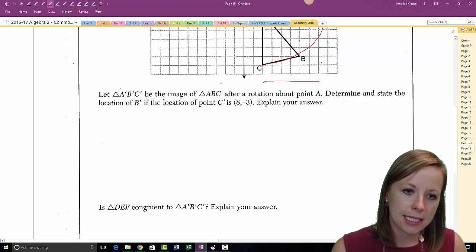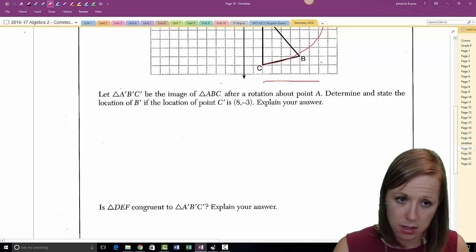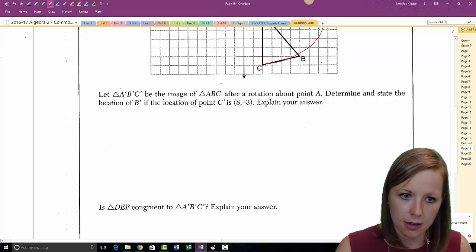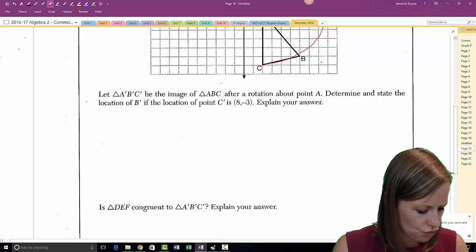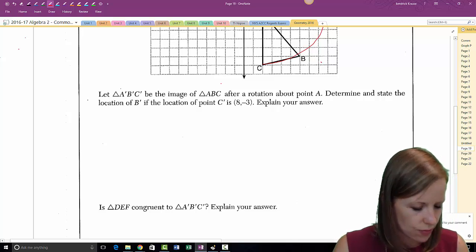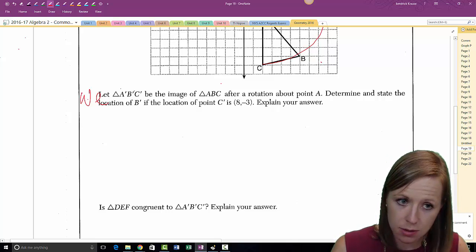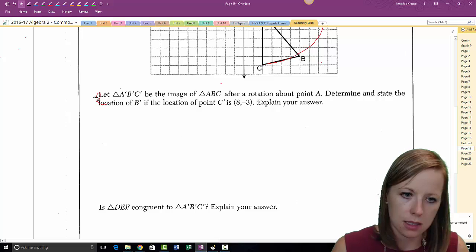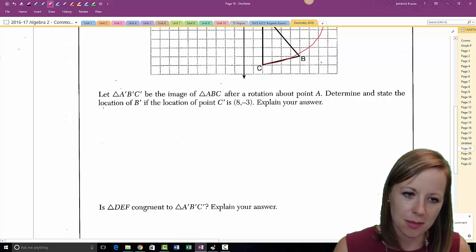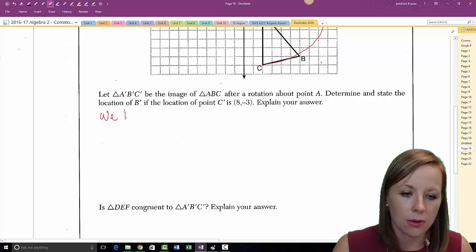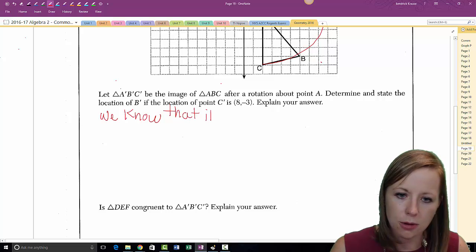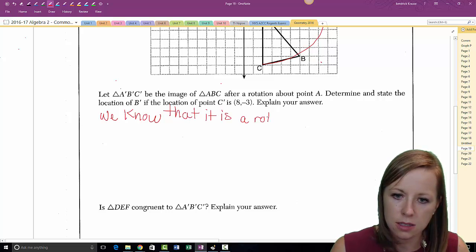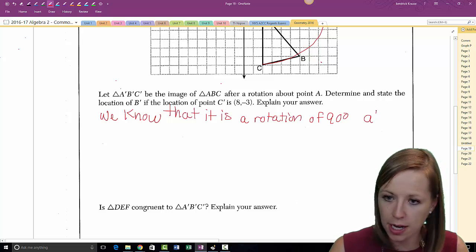Okay, so I can say that we know that it is a rotation of 90 degrees about point A.